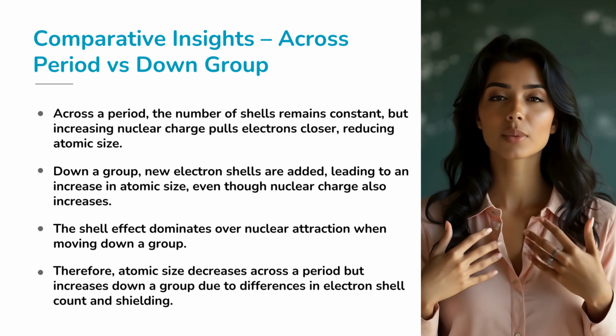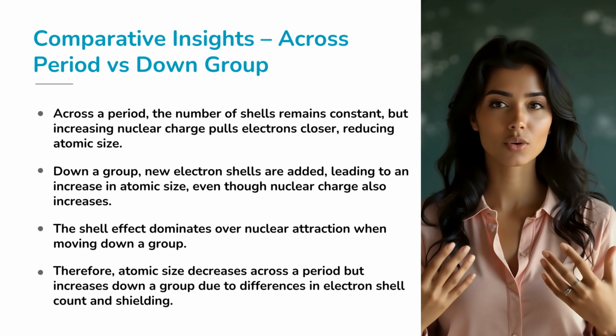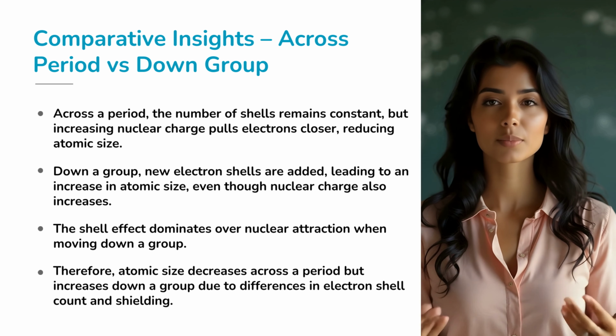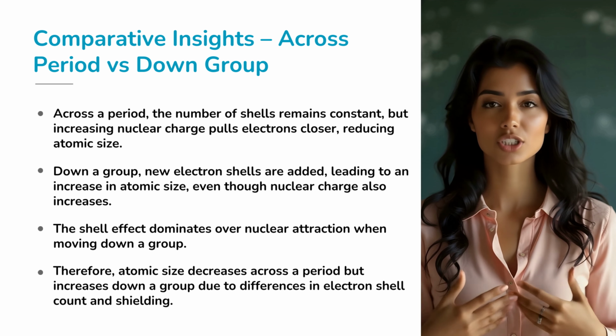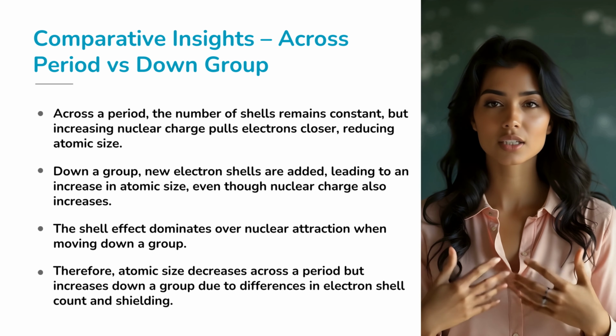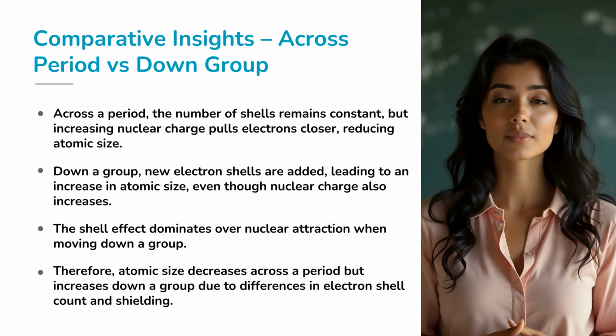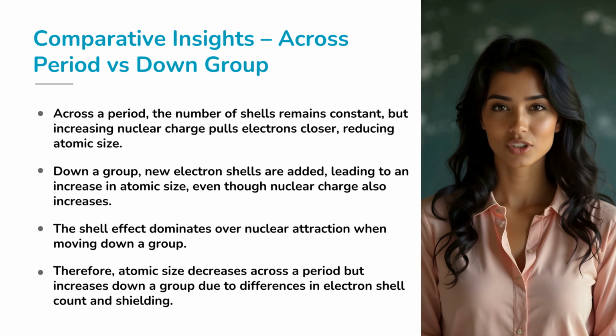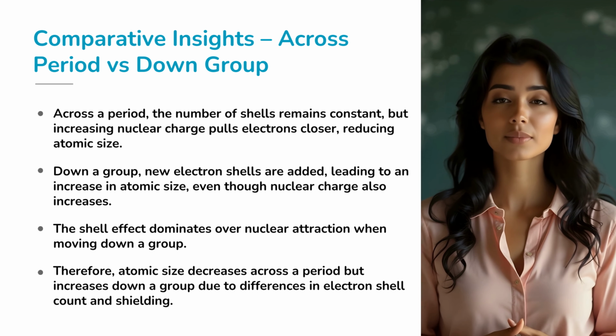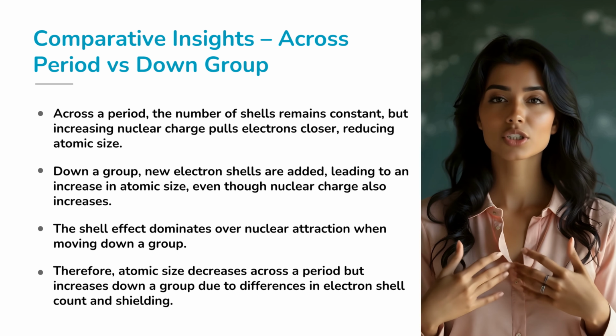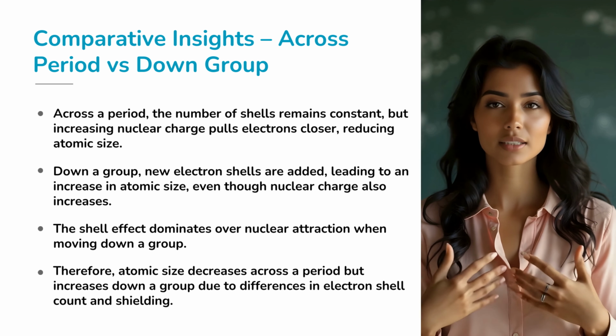Let's compare atomic trends across a period and down a group. Across a period, the number of electron shells stays the same, but the nuclear charge increases, pulling electrons in more tightly. This causes the atomic size to decrease from left to right. Down a group, additional shells are added with each element.